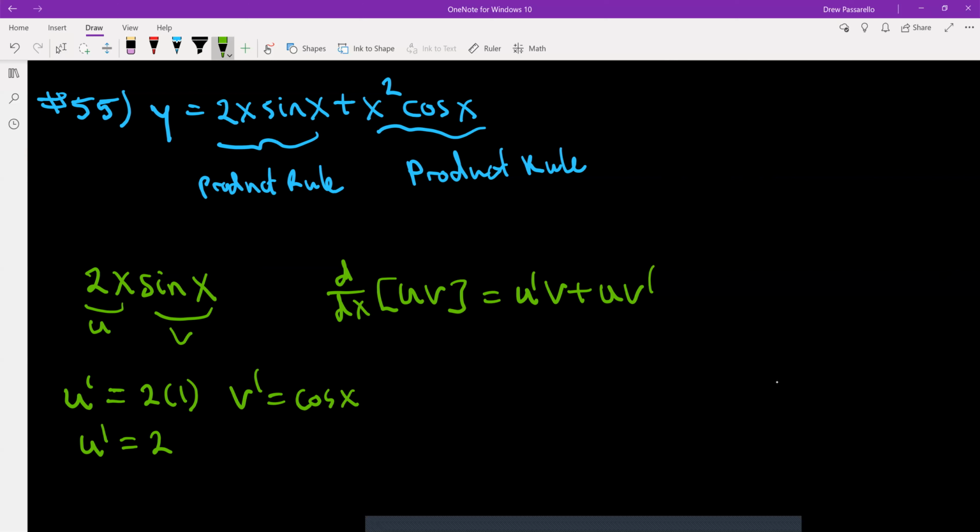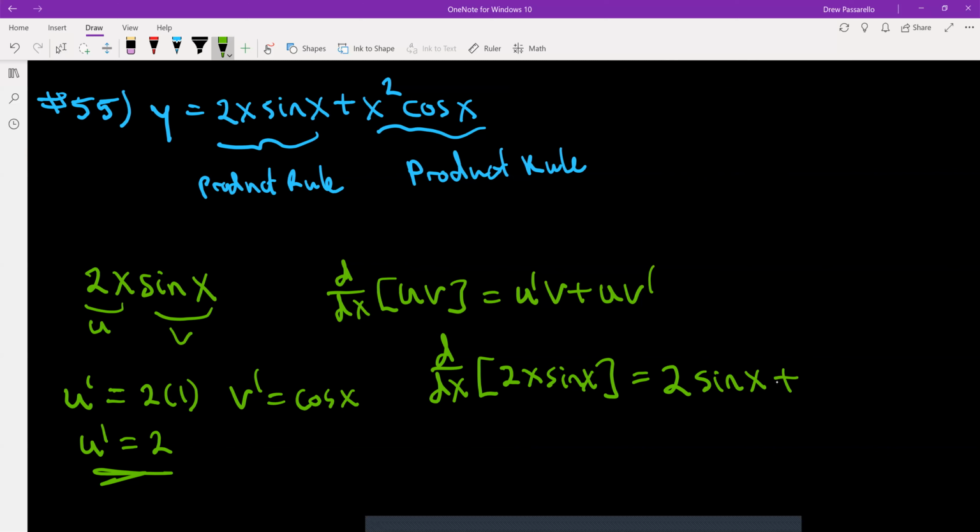So if I were to take the derivative of 2x sine x, it's going to be u prime times v. u prime is 2, and v is sine x, so it'll be 2 sine x. And then plus u times v prime. u itself is 2x, and then v prime is cosine x.